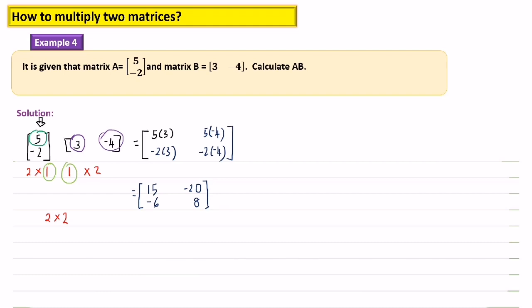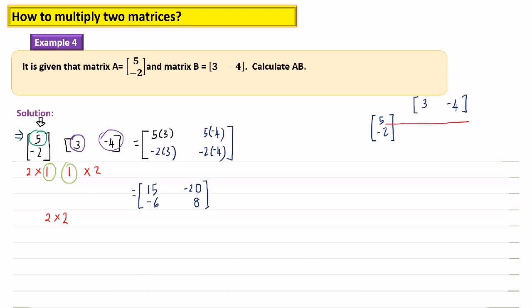Okay, so if you are confused about when you need to plus and when you no need to plus, you just remember, if the first matrix only has one column, then you no need plus. Or you just do like the second method we did just now: 5, negative 2. The second matrix, you must remember to go up a little bit, 3, negative 4, and you draw the line.